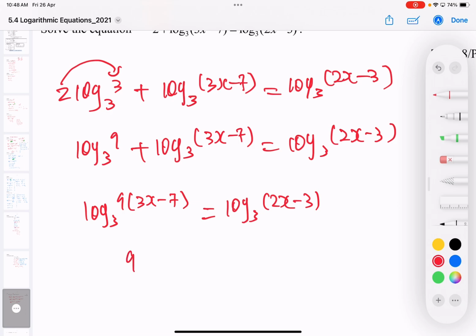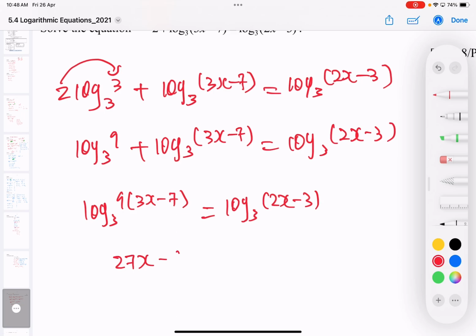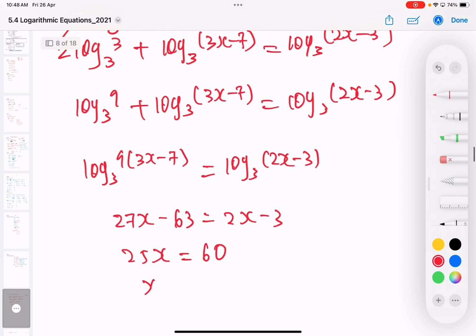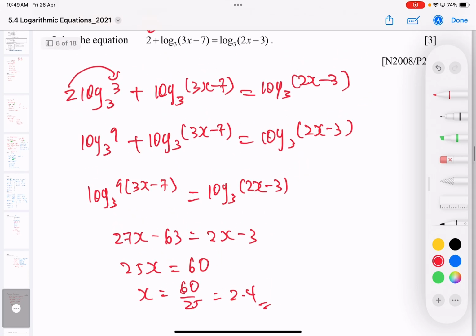So you can just compare the results. 9 times 3... 2.4. Alright? So can you try this?